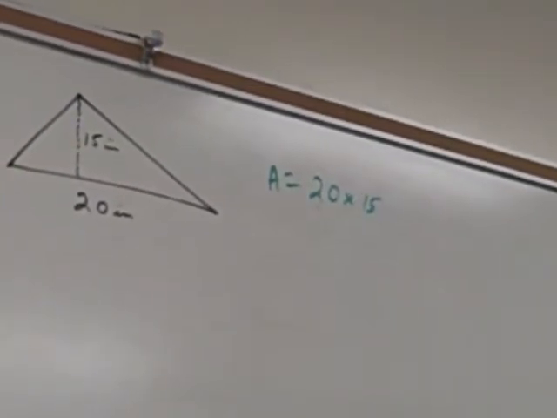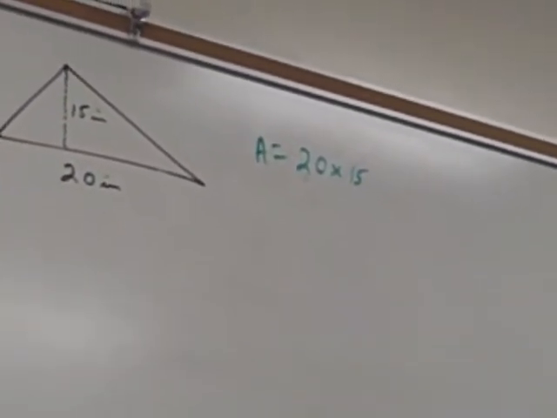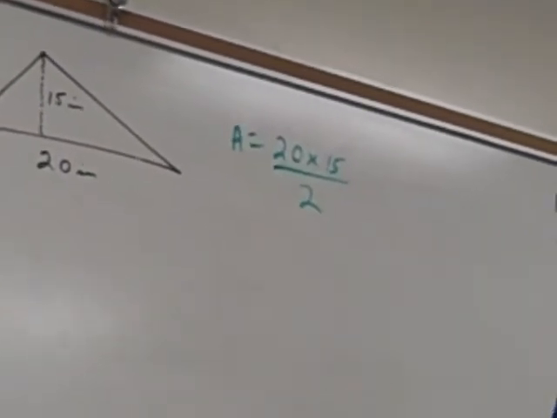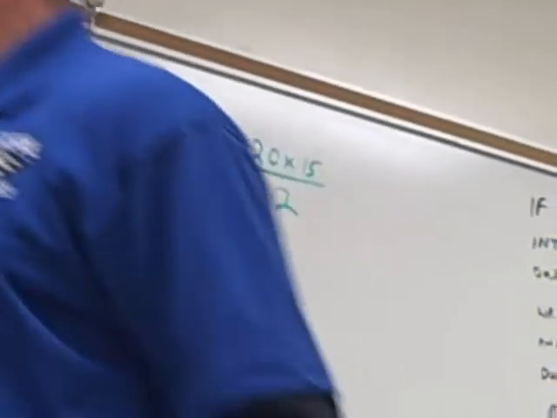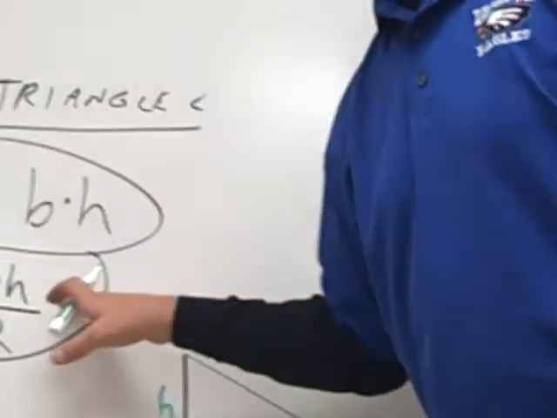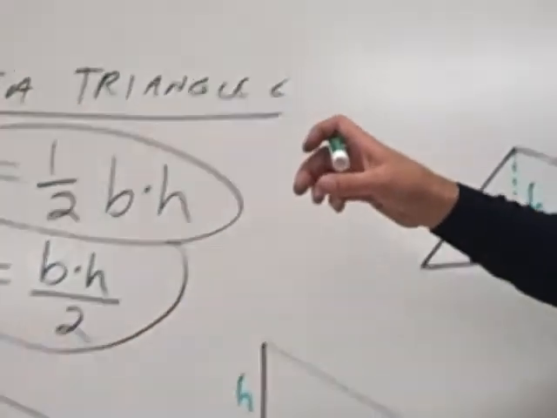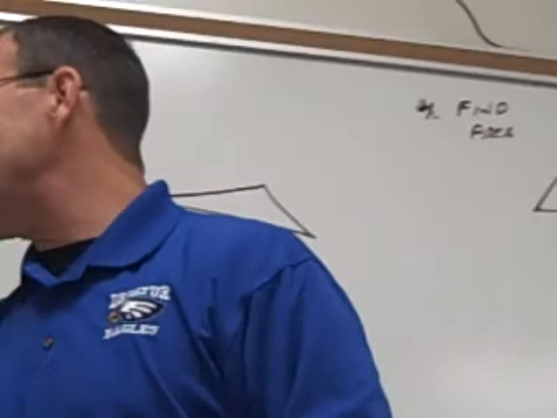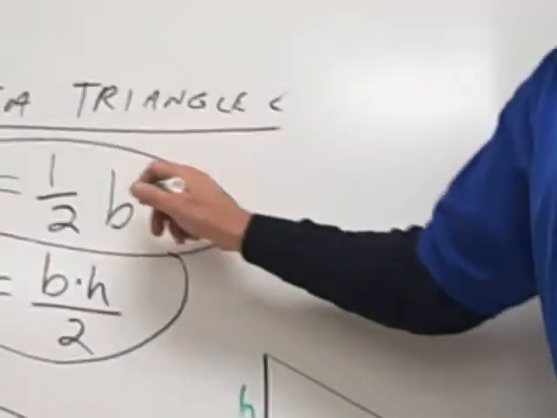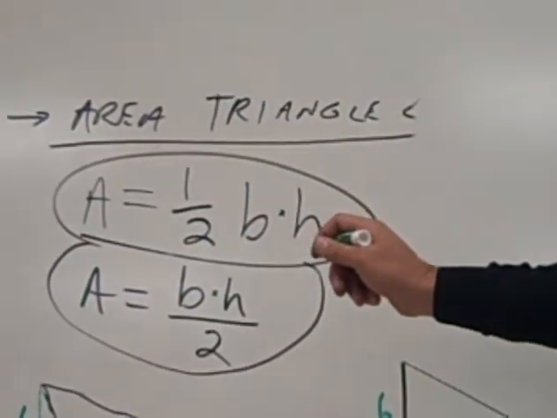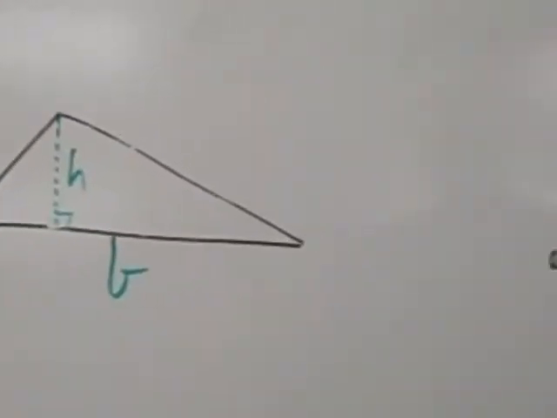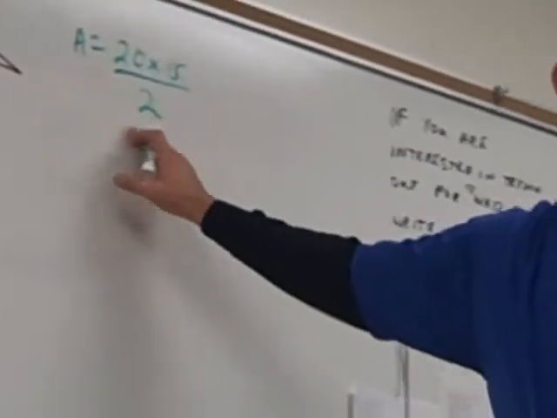This is where last period went nuts on me. Divide by 2. Don't do any mathematics until you have the whole thing written down. Now, if you like fractions, you would write down 1/2 times 20 times 15, okay? If you like fractions. Notice I used the second one, didn't I?